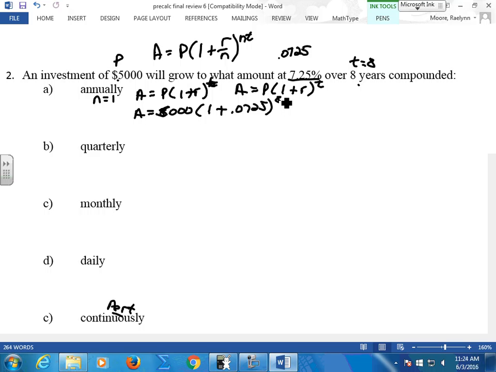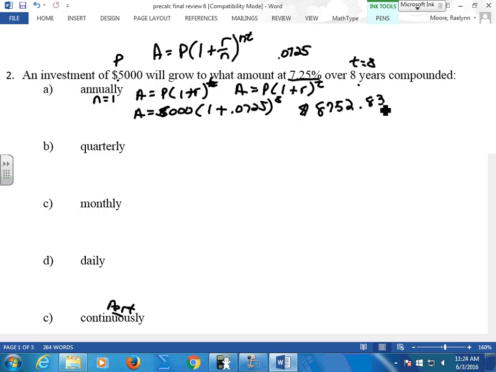And money, I should round to how many positions? 2. So we should get 8752.83, or no, okay? The more you compound, the higher this should go.